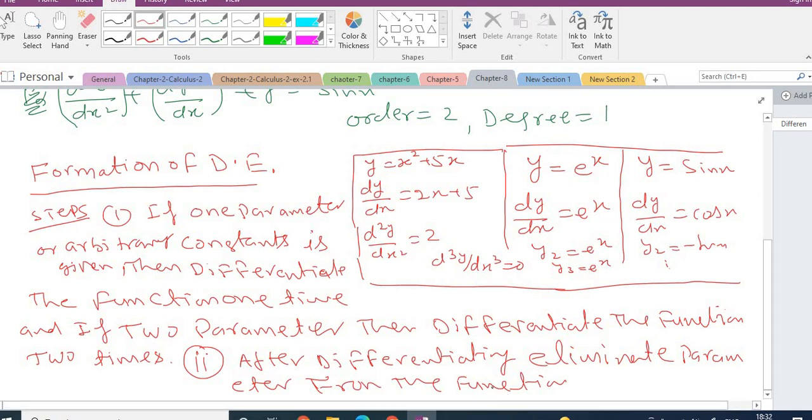Whatever you got, that one is called formation of differential equation.